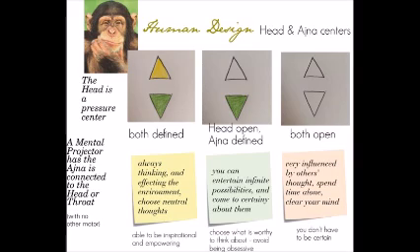If you have an open head and a defined ajna, you can entertain infinite possibilities and yet come to certainty about them. You can also choose what is worthy to think about and avoid being obsessive. If you have an open head and an open ajna, you're very influenced by others' thoughts and need to spend time alone to clear your mind.